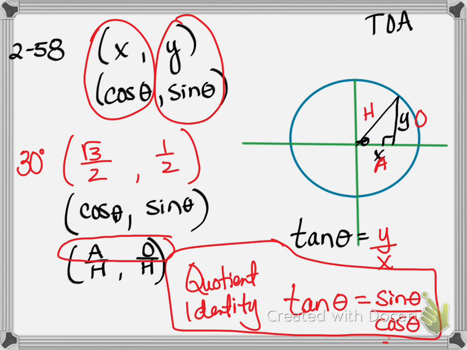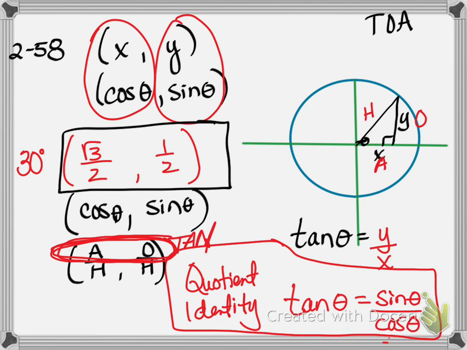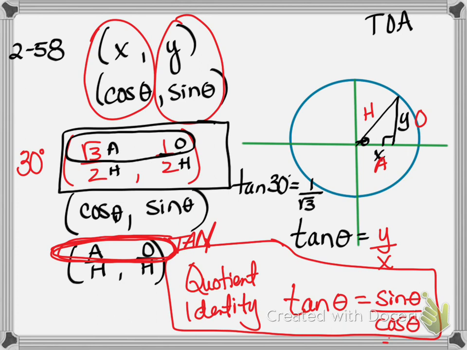You see the O and the A here that I'm circling? There's tangent sitting right there. So you could go back to this ordered pair here for the 30 degrees, and you can get sine is SOH, cosine is CAH, so right here is TOA. So the tangent of 30 degrees is O over A, and we'd rationalize that.